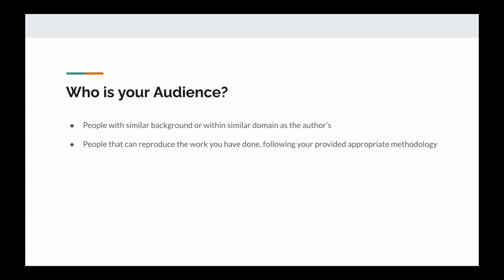If you're presenting to a more technical audience, say like a conference on ML in health, then you want to go deeper into the technical details of your implementation, because that's what those people want to see. So you learn to tailor your content to your audience.